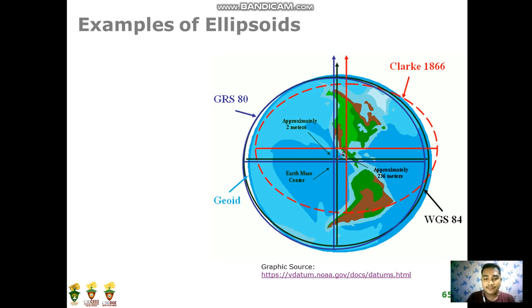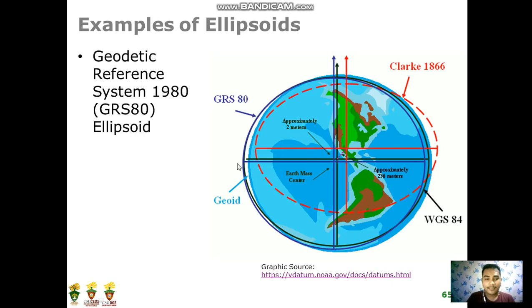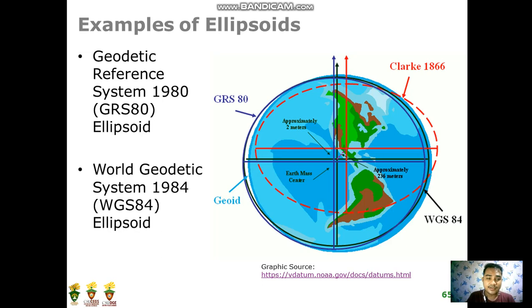For example, from the center of the Earth, the Clark Spheroid 1866 has a difference of 236 meters from the center of the Earth. And we have GRS, which has 2 meters from the center of the Earth. So examples are the Geodetic Reference System 1980, or what we call the GRS 80 ellipsoid, and the World Geodetic System WGS 84 ellipsoid.